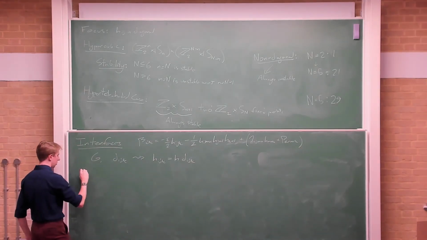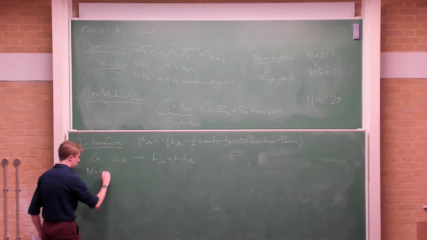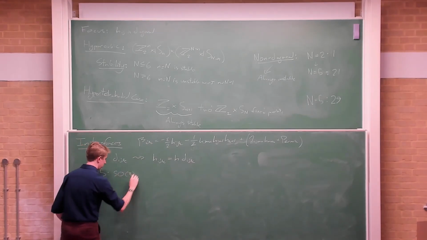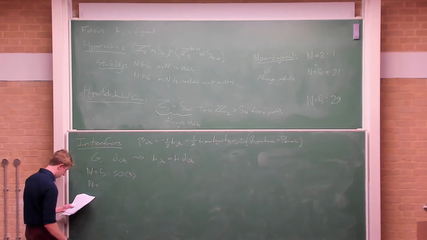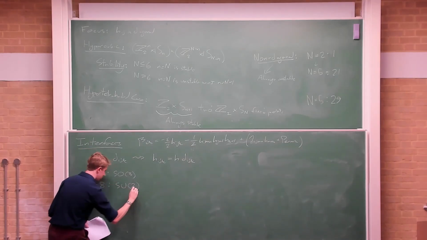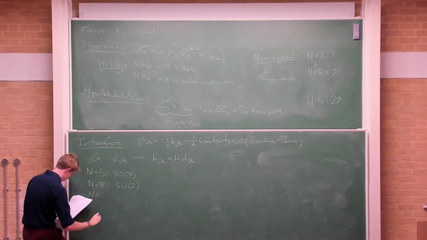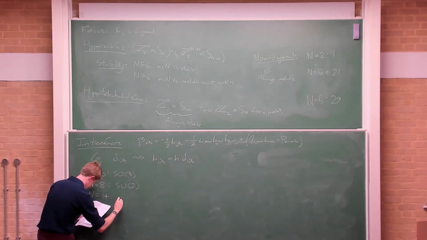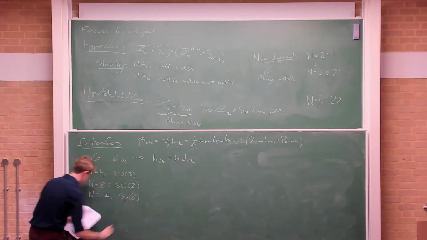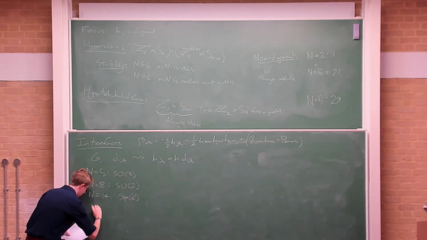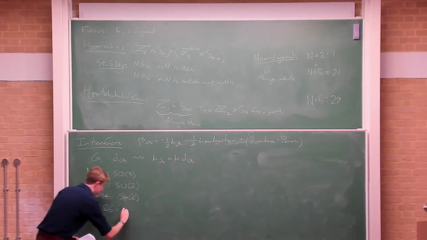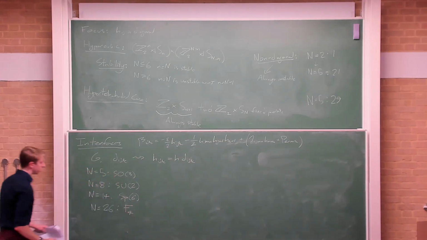So for n equals 5, there is an SO3 fixed point. For n equals 8, there's an SU2 fixed point. For n equals 14, there's an SP6 fixed point. And then for n equals 26, there is an F4 fixed point.